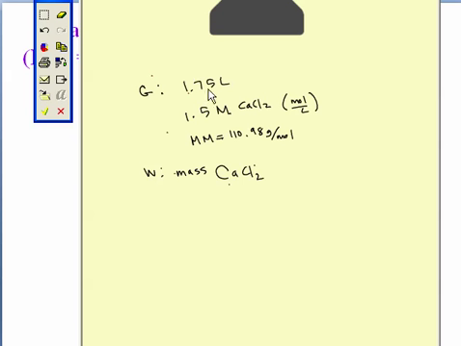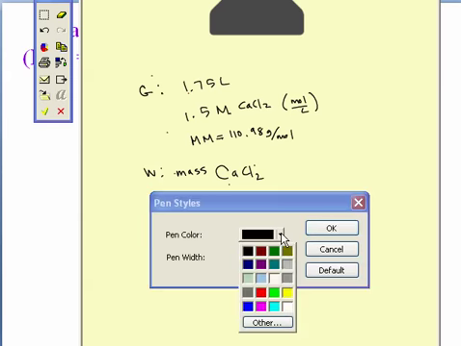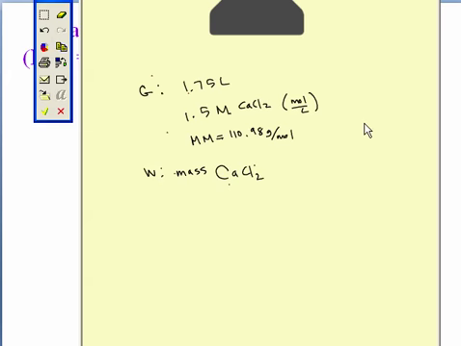I'm given 1.75 liters. I'm given the molarity of the calcium chloride, 1.5 moles per liter, and I'm also given the molar mass of the calcium chloride. And we want the mass. So how can we solve this? Well, if we look back at our equations, I don't have one that lets me solve for mass, but I do have an equation where I can solve for number of moles, and that's my molarity times my volume.